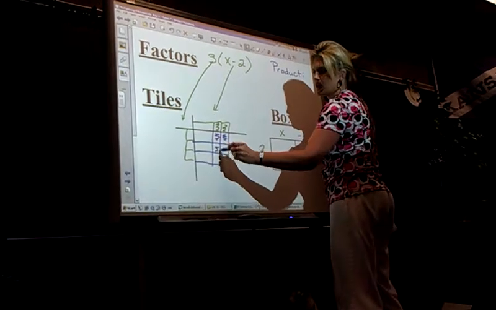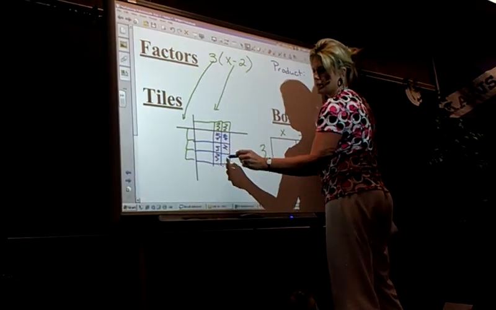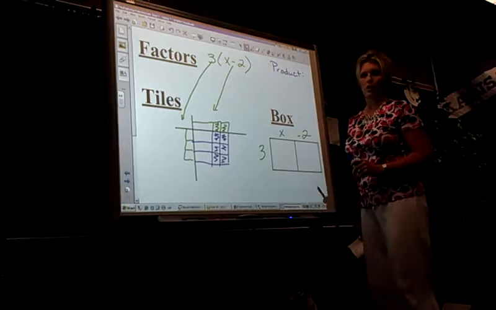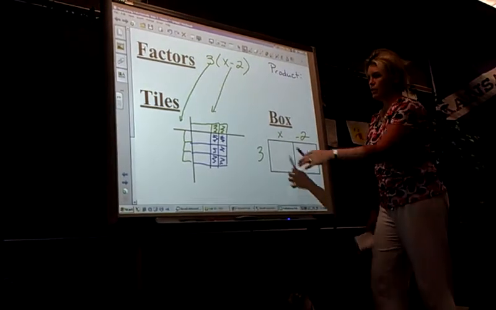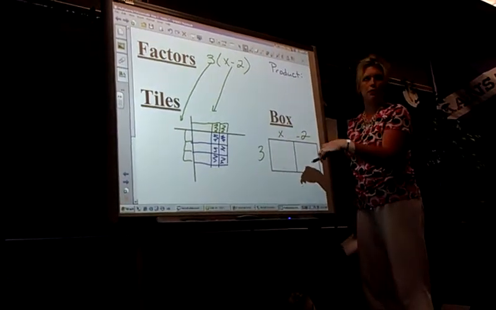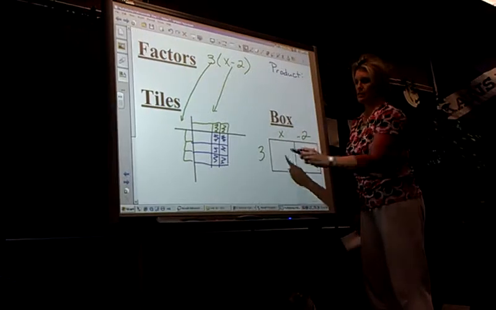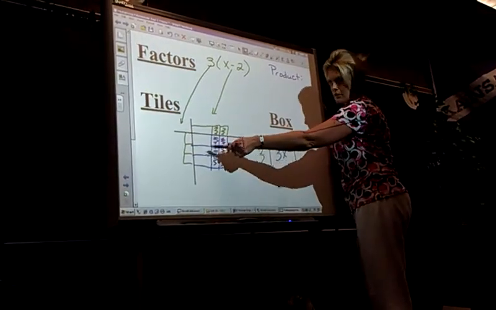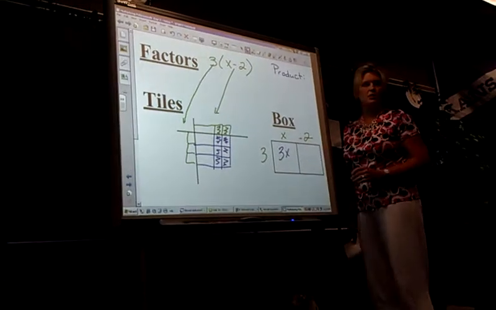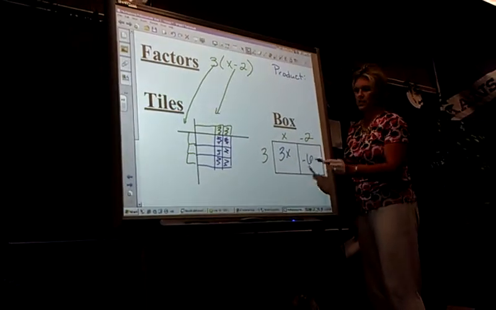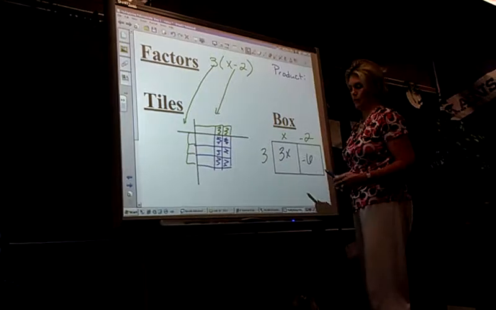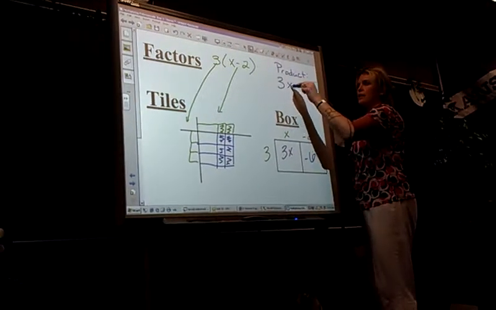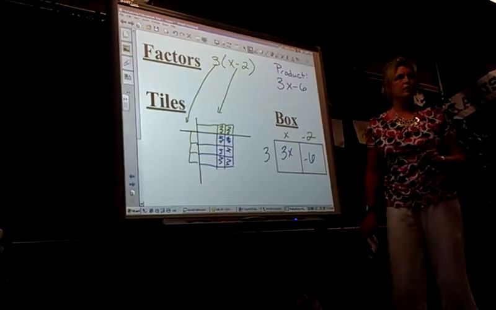So all of these right here should be negatives. Okay? Well, let's look over here for my product before we find my answer. 3 times x, 3x. Is that what I have right here? Yes. 3 times negative 2, negative 6. Sure enough, that's what I have. My product is 3x minus 6.